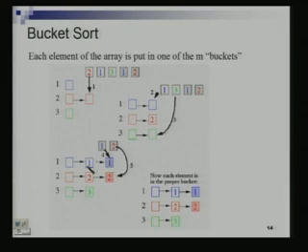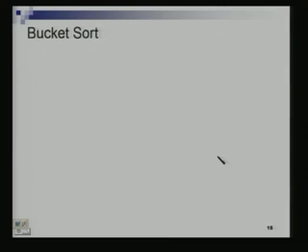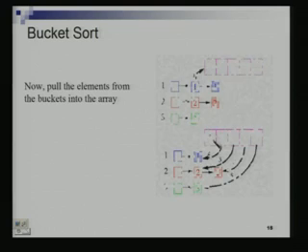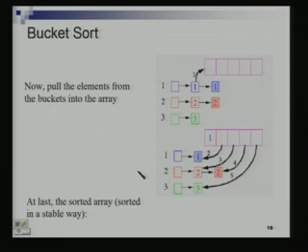I will take the numbers in the first bucket, basically append all of these lists. Yeah, so 1, 1, 2, 2, 3 and so on. So, we will put the elements from the buckets into an array and just read it off in this manner. So, this gives us a stable sorting.